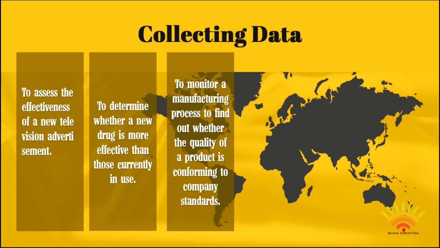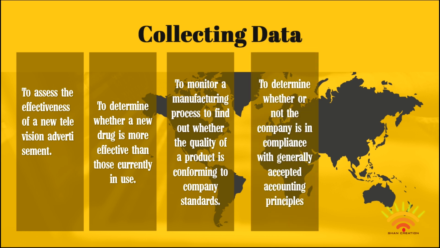An auditor wants to review the financial transactions of a company in order to determine whether or not the company is in compliance with generally accepted accounting principles. There are accounting principles to guide the financial statements and financial transactions of the company. So the auditor can check whether the company's activities and transactions are compliant with the accepted standard.